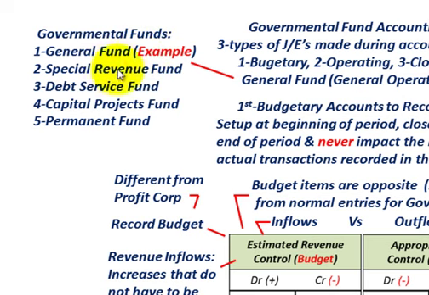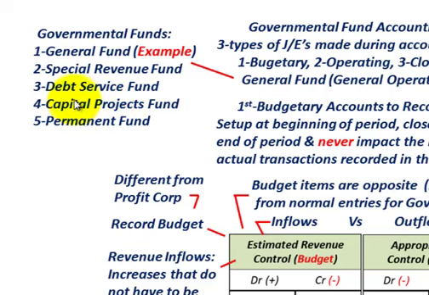And then we're going to have a special revenues fund. That's where specific revenues are being collected for a specific project, like building a new highway, and they're being set aside in this special revenue fund. Then we have the debt service fund. That's where we're going to have to pay for our long-term debts. And then we have a capital projects fund.